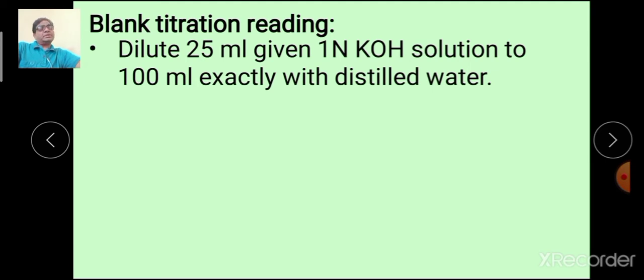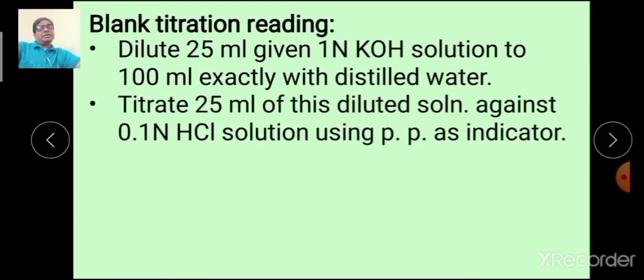Then titrate 25 cc of this diluted solution against 0.1 normal hydrochloric acid solution from the burette using phenolphthalein as an indicator.